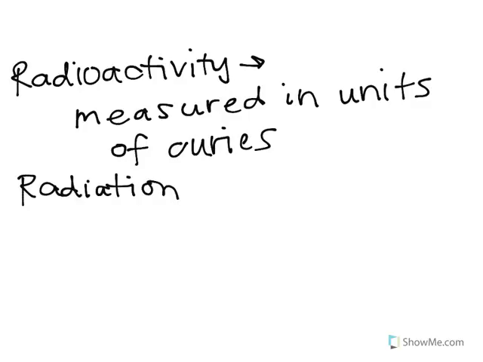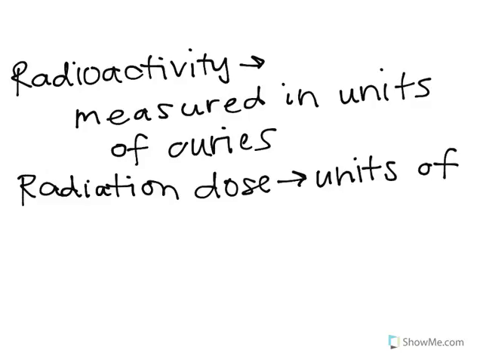Radiation dose, how much you were exposed to, is going to be in units of rads. But those units of rads don't take into account what kind of radiation it is, if it's an alpha, beta, or gamma.